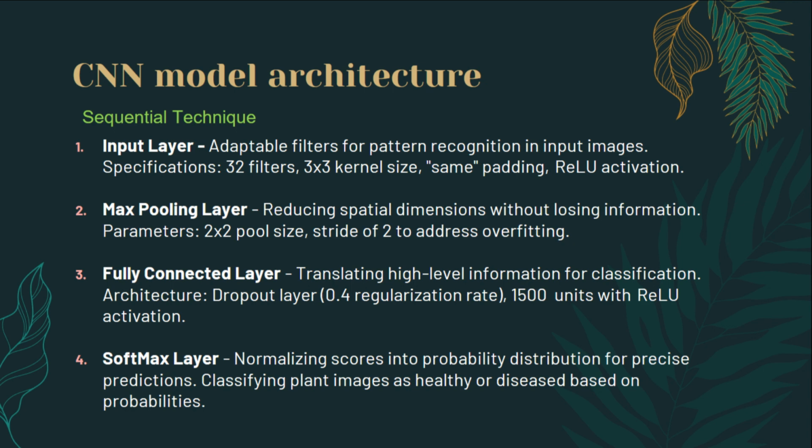And the last layer is the softmax layer, which will normalize scores into a probability distribution. So this will help the model to classify plant images into healthy or diseased group based on the probability.